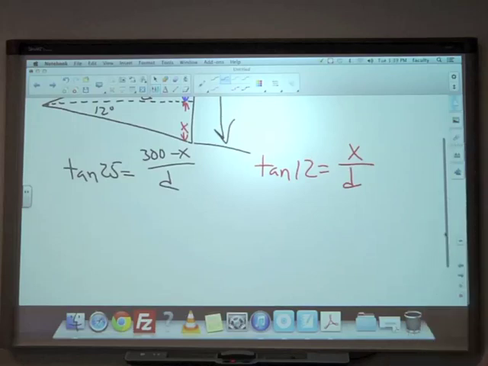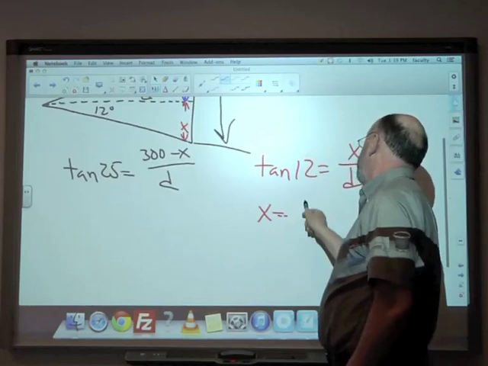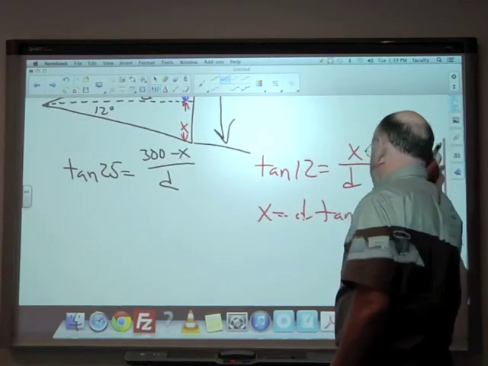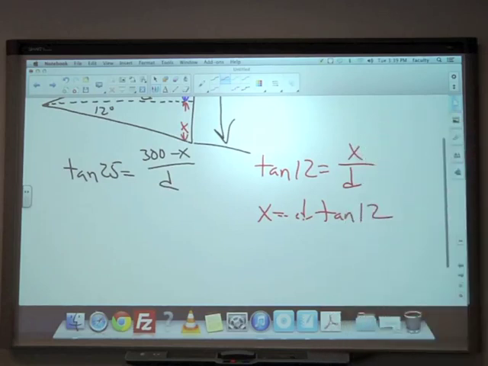If I take this one and solve for x, what's the opposite of dividing? Multiplying. So x is going to be D times the tangent of 12.